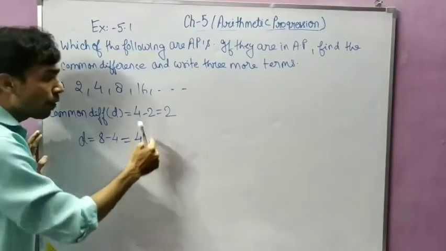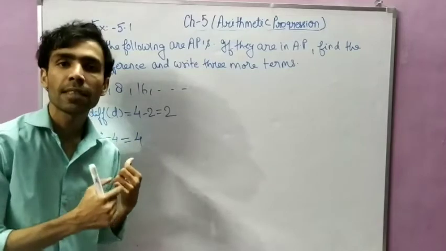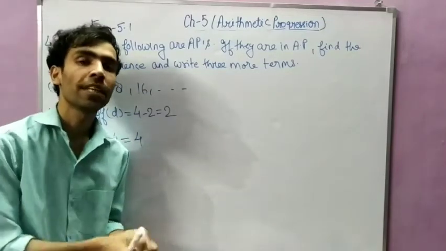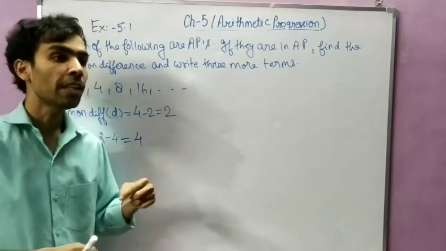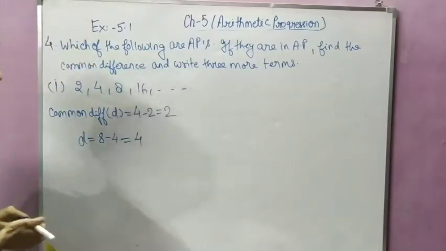So with the help of common difference we can say that in this case the common difference is not the same. If it is not the same, it means it is not constant, it is varying. And if it is not the same, then it will not be in AP. So what will you write?